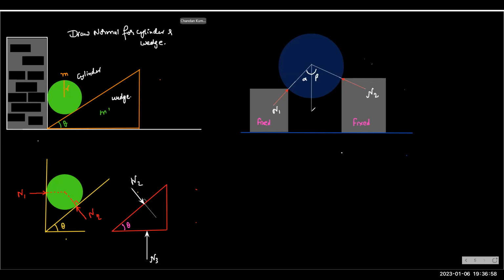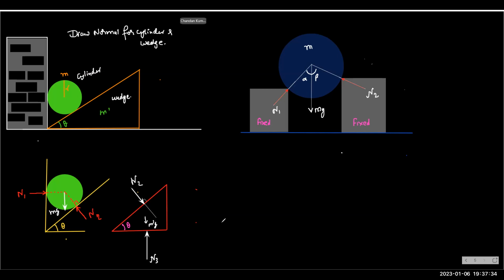Sometime later we will also have to draw something called the force of gravity, and gravity we always draw like this. So if I give you the mass as m, the mg will be drawn like this, but we are not drawing it as of now. That will be part of the complete FBD. You can always draw like this. So gravity always acts downward. That is what we add.